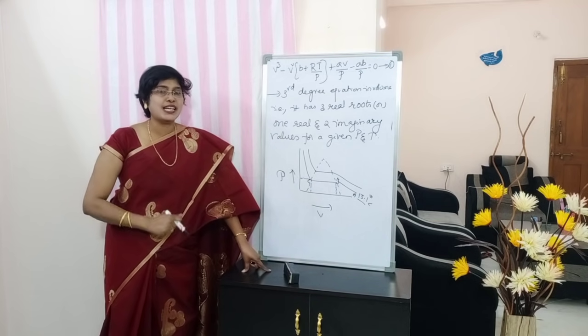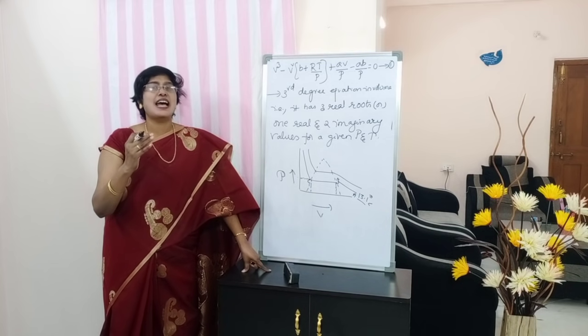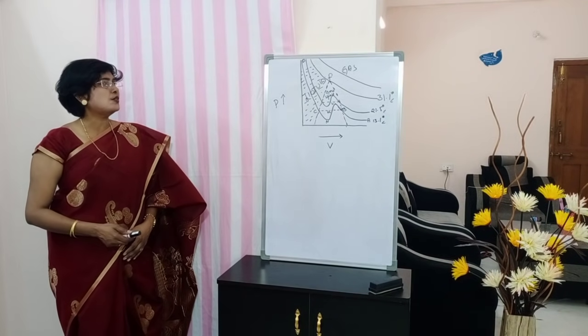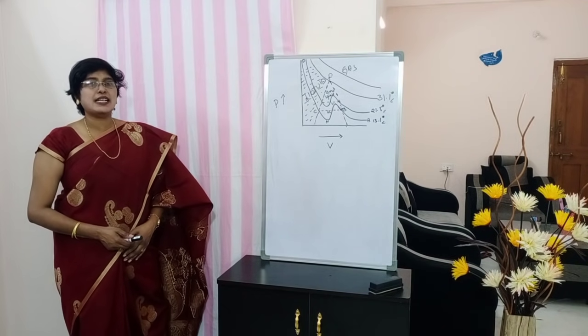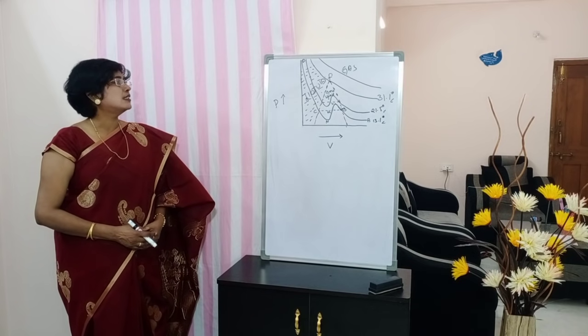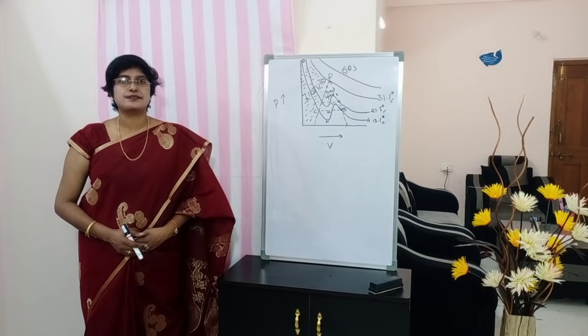Are you ready to look at the isotherm, students? Take a paper, take a pencil and scale, and be ready, students. So students, draw the graphical representation of the isotherms obtained from Thomson's values.